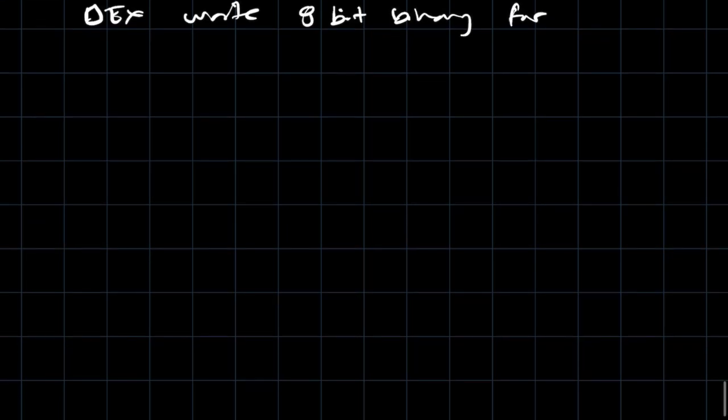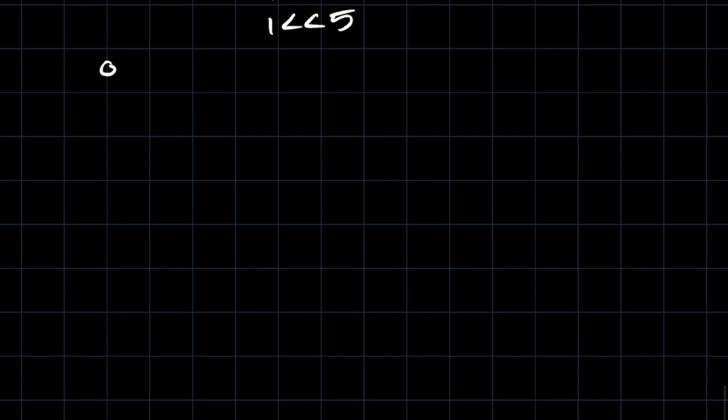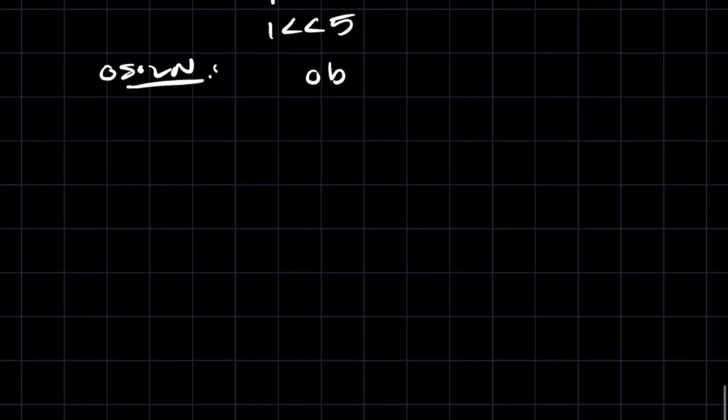So as an example of this, write an 8-bit binary number for 1 left shifted by 2 and 1 left shifted by 5. These are pretty quick. I'm using 0B to represent binary. So if I'm starting from the least significant bit, 0, 0, 1, and then everything else here should be 0.